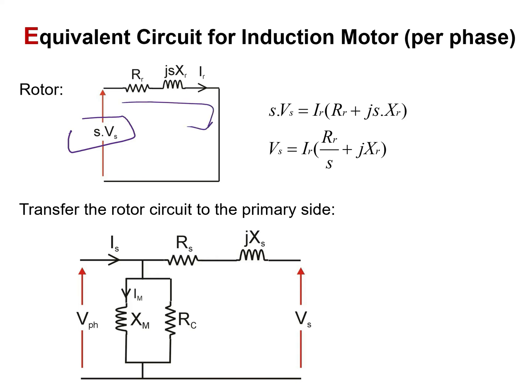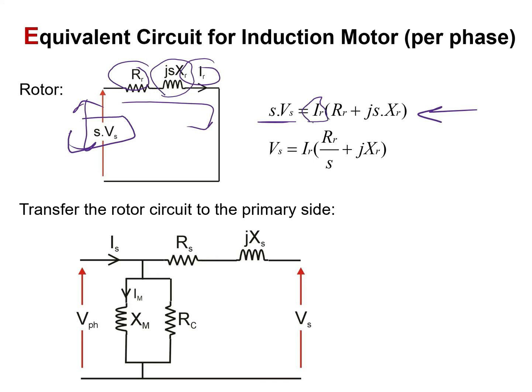So if we assume that Ir is the current induced in the rotor, then this means that the voltage across this terminal is equal to the current multiplied by the resistance of the rotor plus the same current Ir multiplied by the inductive reactance. So we will have this equation if we take Ir as a common factor.